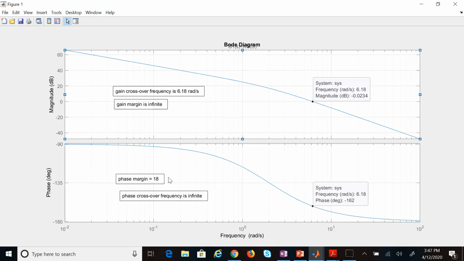Your textbook used 6 degrees because your textbook calculated the phase margin to be 17 degrees instead of 18. That's what your textbook says. Well, we can go with that too if we want. We can say, well, because this is not exactly 162, this is 162 point something, okay?